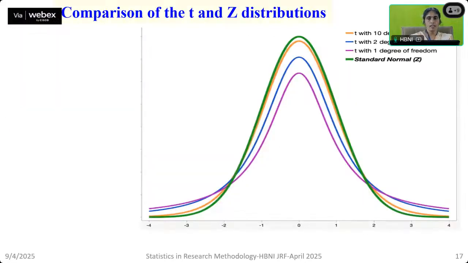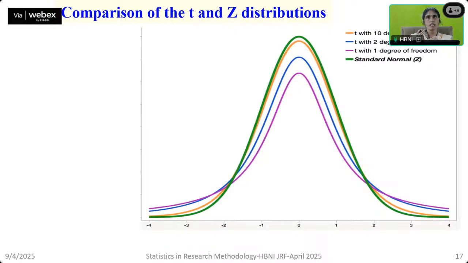If you compare the data distribution for repeated measurements for t and Z values, the green one, which has a narrower distribution with a smaller tail, represents the standard normal probability distribution, that is the Z curve. When you have a limited number of repeated measurements, you will see the purple, blue, and orange curves.